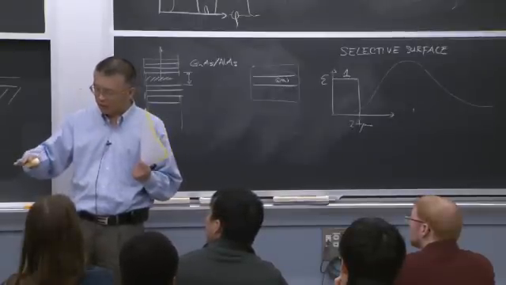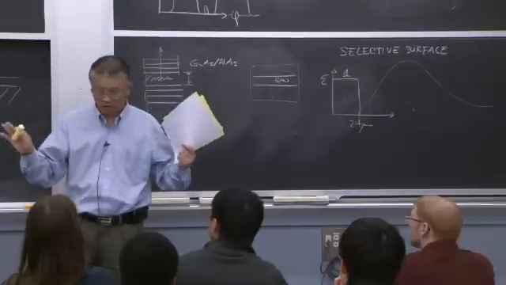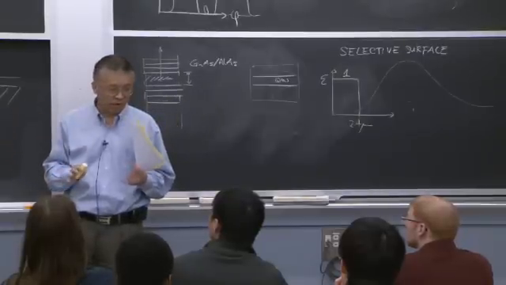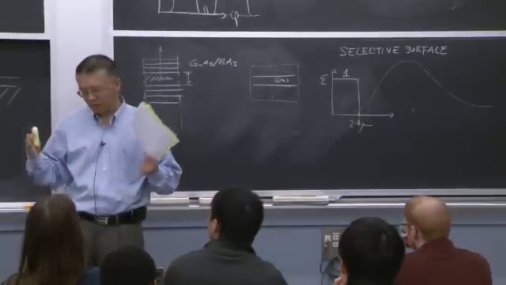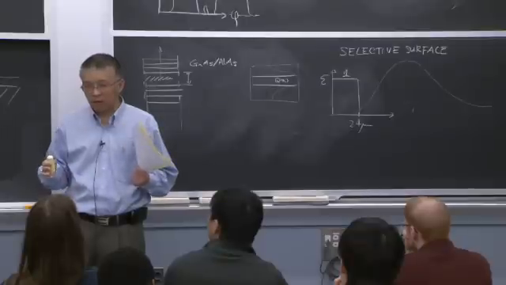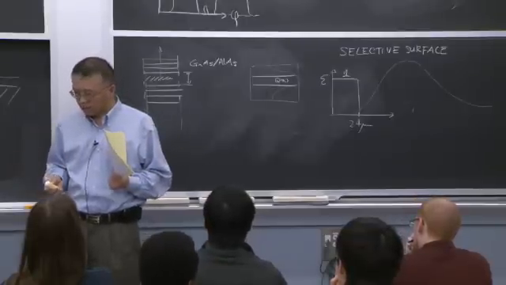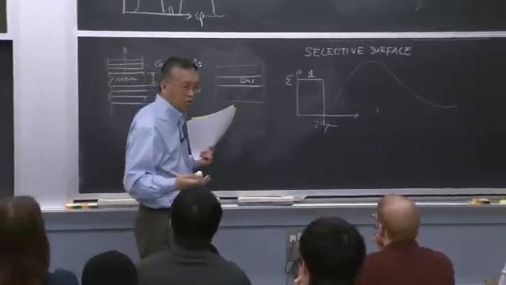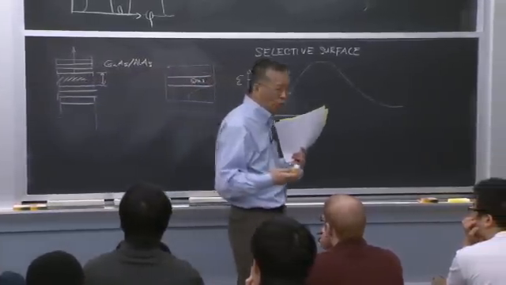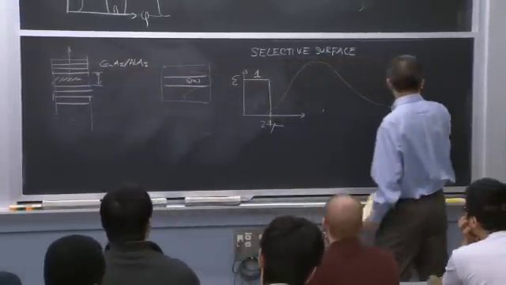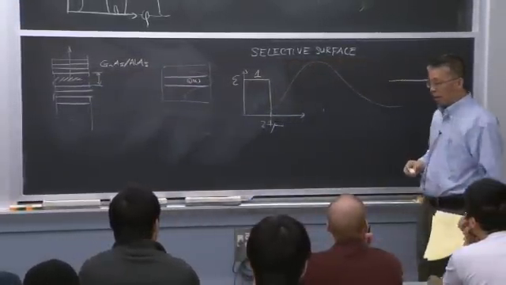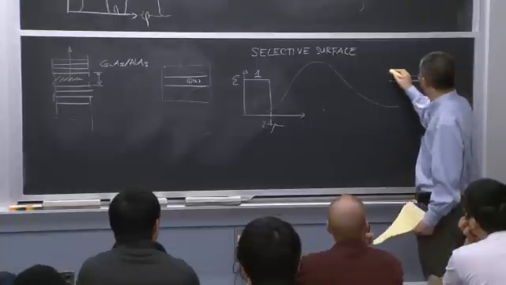Now, using the Fresnel formula with the refractive index or optical constant, you can calculate it. The emittance of metal is typically low. The problem is the absorptance is also low, right? So what people typically do is take this metal and coat a few layers.